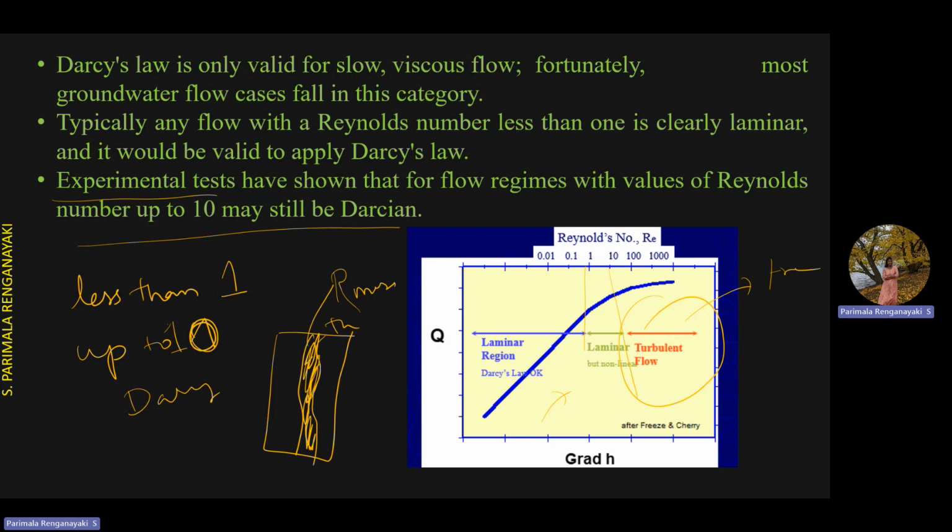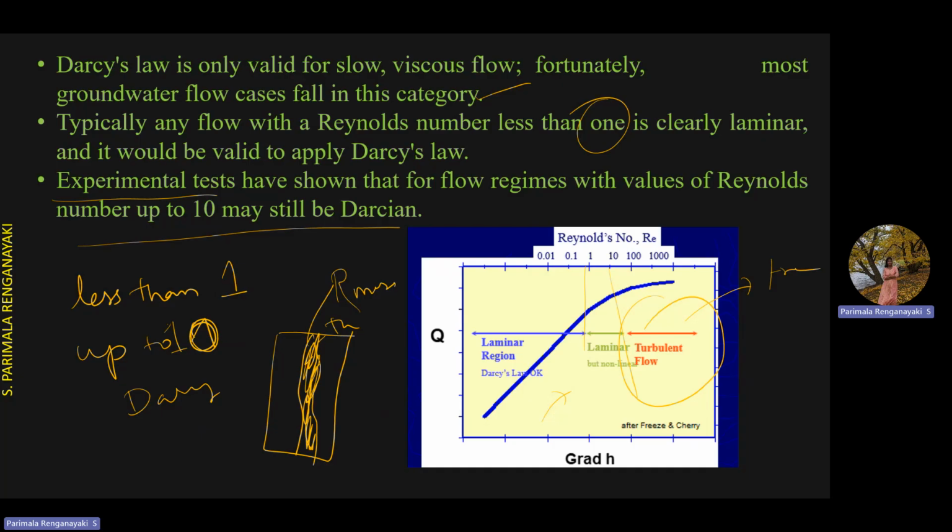So Darcy's law is valid for slow viscous flow. Fortunately, groundwater flow cases fall in this category. Typically any flow with a Reynolds number less than 1 is clearly laminar and it would be valid to apply Darcy's law.